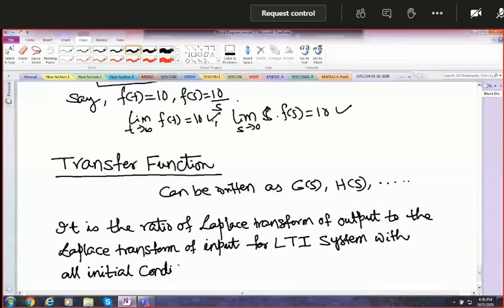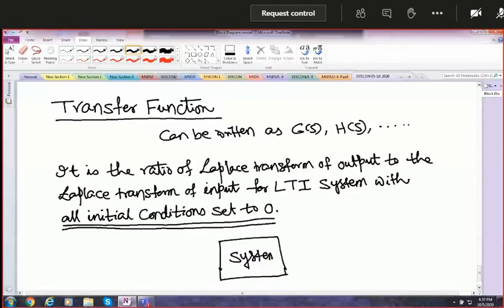So what we have is a system. The whole system I am writing as a block. Input to it is u(t). Output is y(t). We have written our state space equation, where y(t) is Cx(t) plus Du(t). That we know.